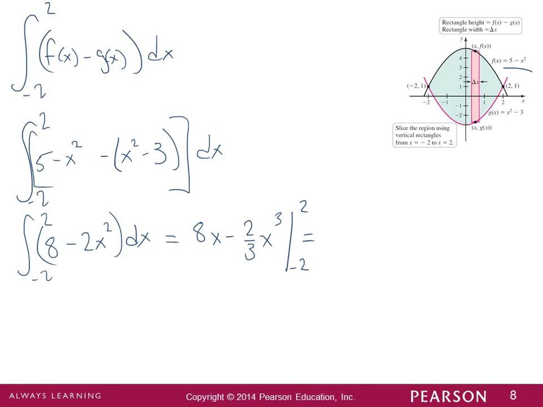And so when we put in 2, we get 16, because 8 times 2 is 16, minus 2/3 of 2 cubed, so that's 8. 8 times 2 is 16, so we have 16 minus 16/3, and that gives us 32/3. And then when we subtract, putting in a -2, well, -2 times 8 is a -16 minus 2/3, and then a -2 cubed is still going to be a -8.